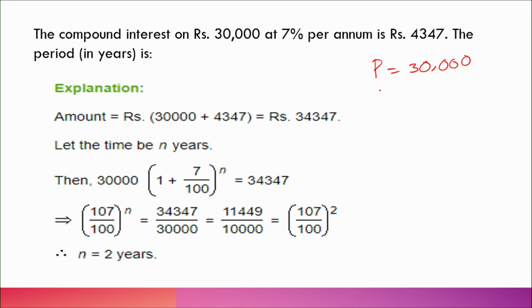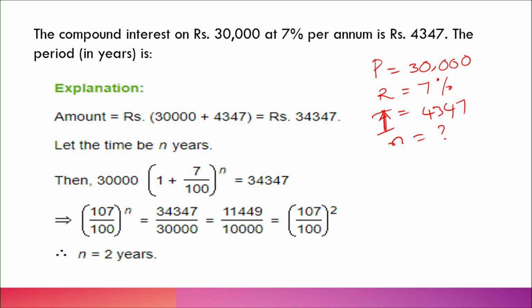R is given, that is 7% per annum. The compound interest I is given, that is 4,347. Then what is n? This is the question.